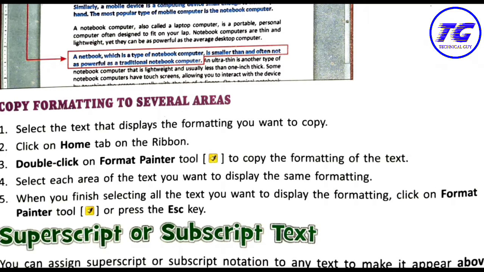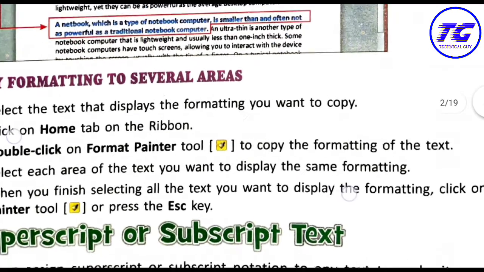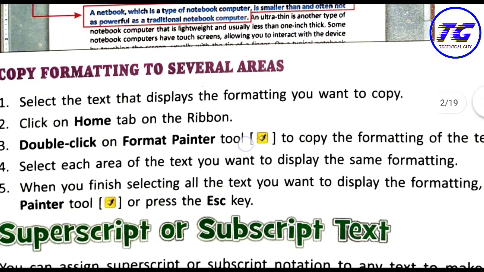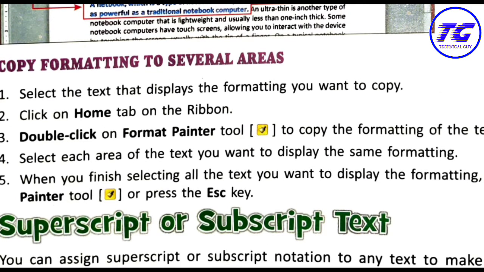But if you want to reuse the same formats again and again on different paragraphs or different lines, then you have to double click on the Format Painter instead of a single click. The remaining steps are the same, only the third step changes: firstly you select the text, then click on the Home tab, and then double click on the Format Painter tool.